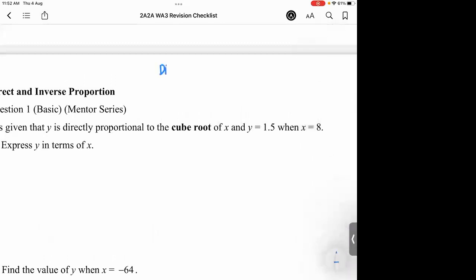If it's directly proportional, or they vary directly or vary as, whichever, this means y equals k times something, k multiplied by something.